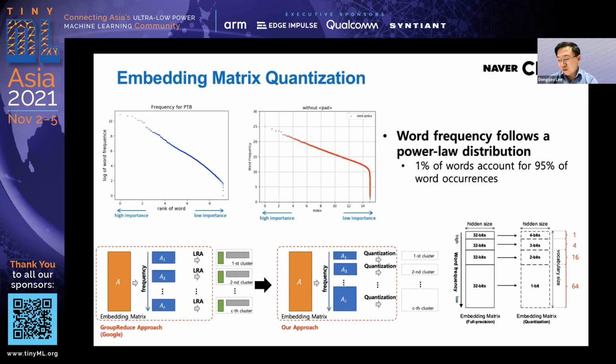For example, tokens of high frequency are considered important and 4 bits can be assigned to them, while a token of low frequency is assigned only 1 bit. Such a quantization is useful for the table lookup process because we don't have to reconstruct each group as in the case of low rank approximation. So the implementation can be very fast compared to low rank approximation if we adopt quantization.